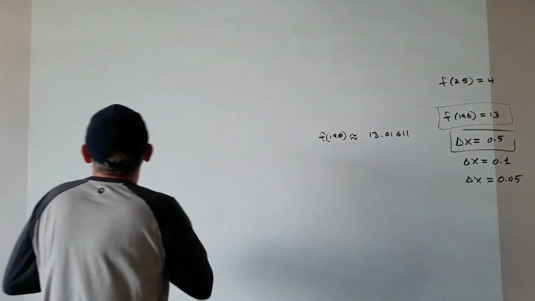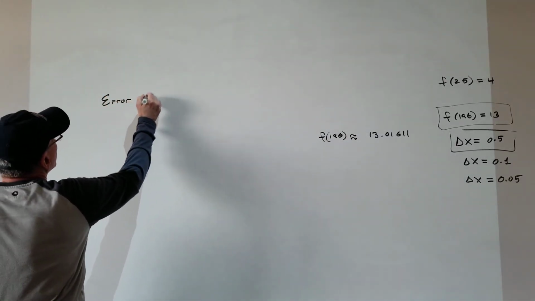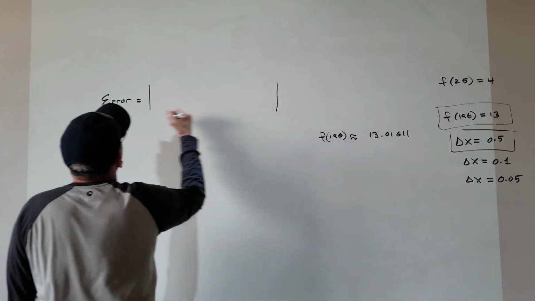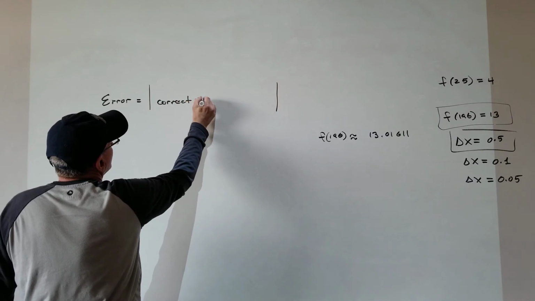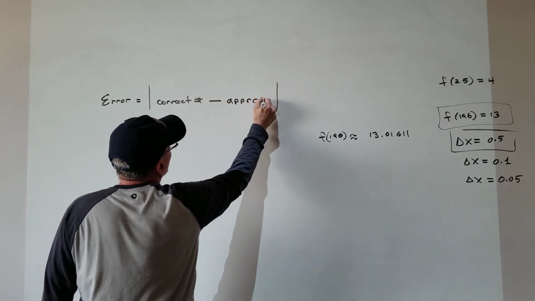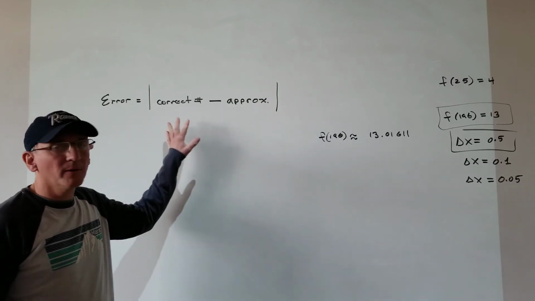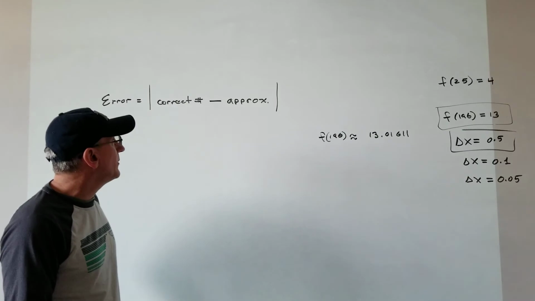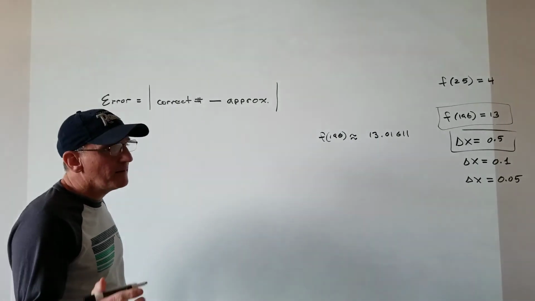Well, I think you can answer that without me explaining that error equals the absolute value of the correct number minus the approximation. And I don't care which way you subtract, because we're going to take the absolute value of it anyway. If you do this backwards and get a negative, so what? Take the absolute value.